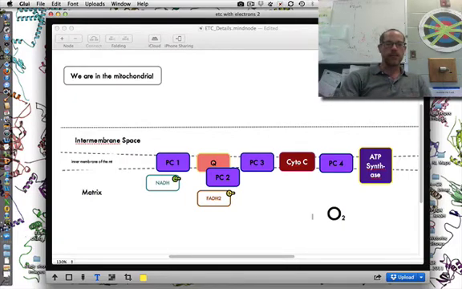And you'll see that here. The thing you need to realize is that when we look at the protein complexes of what we call the electron transport chain, each of these neighbors is more electronegative than the neighbor upstream. What I like to tell my students is that oxygen is a bully, and it picks on protein complex 4, and protein complex 4 is a bully and picks on cytochrome C, who's a bully, who picks on protein complex 3, who's a bully, who picks on protein complex 2, who picks on Q, who picks on protein complex 1.